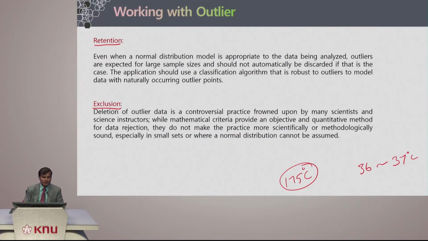It cannot be included. One possible explanation is that we measured it wrongly. So at times we can delete or exclude this data based on the domain that you are working in.